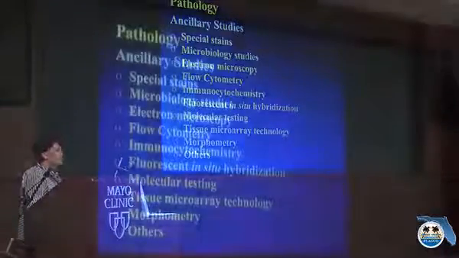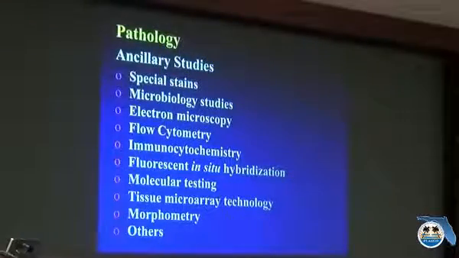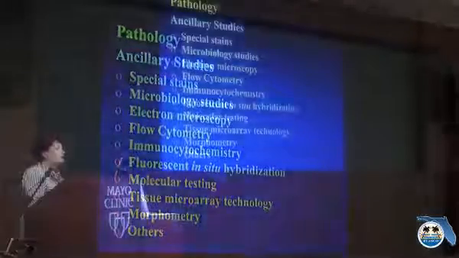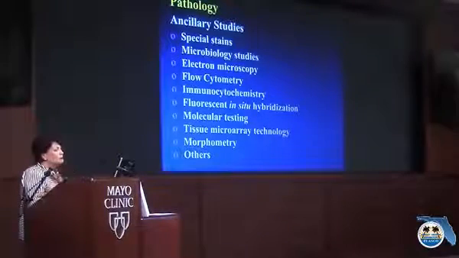How do we do that? Aside from just looking under the microscope at a small, very simple H&E stain on the slide, when there is doubt or when we need more information to better characterize the lesion, these are the technologies that are right now commonly available in every pathology laboratory.